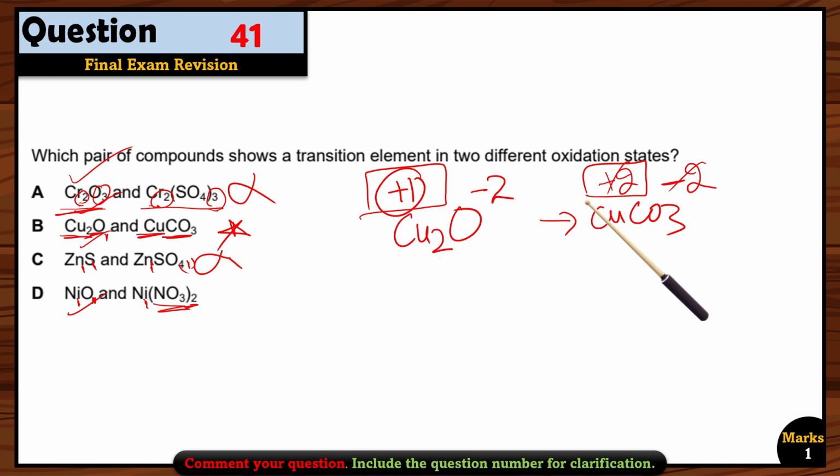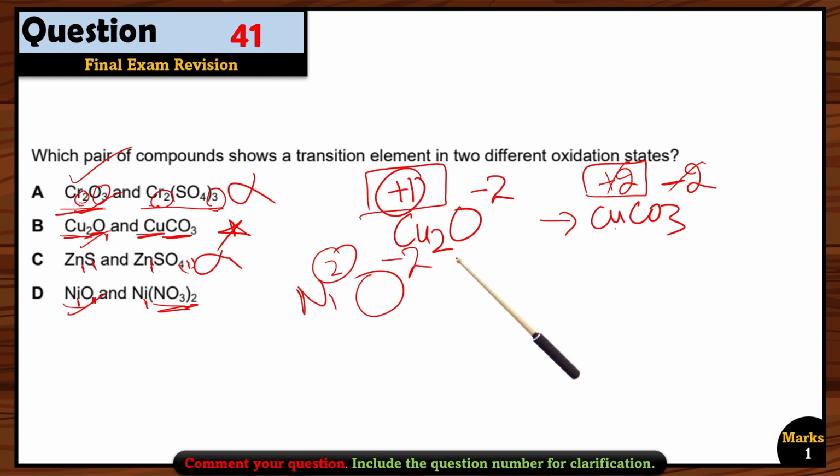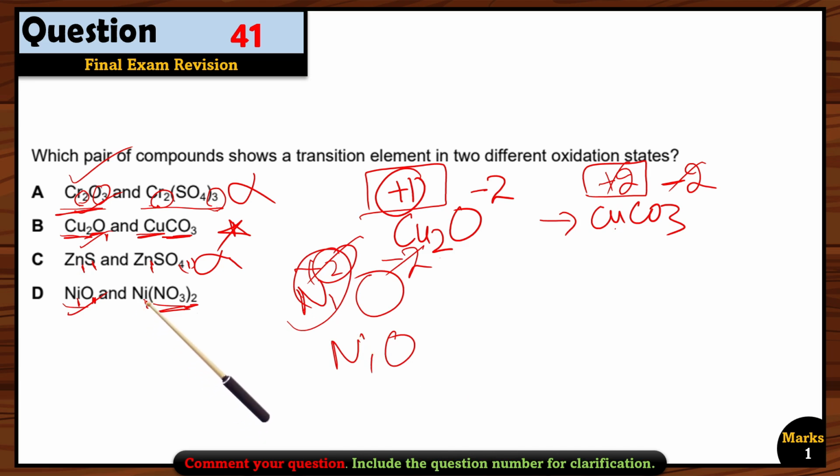Let's see here now nickel. Nickel has an oxidation state of 2 here because oxygen always has an oxidation state of -2. So this minus and minus was cancelled. The oxidation state of nickel was +2 here and oxygen was -2. Let's see for here.